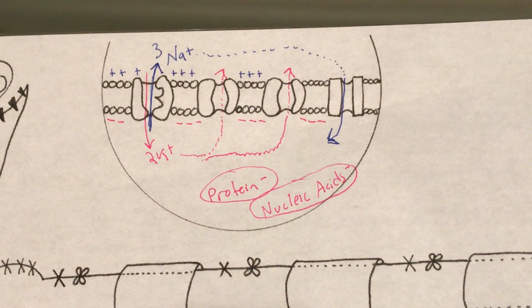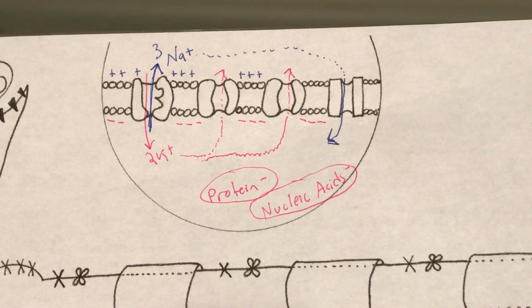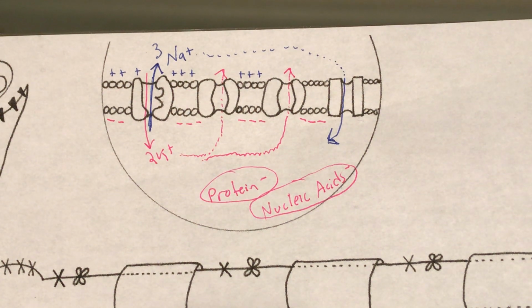So even though those leaky channels exist, the gradient is still going to be mostly sodium on the outside and mostly potassium on the inside. Okay, so now that we have that established, we can start to talk about the steps of an action potential.